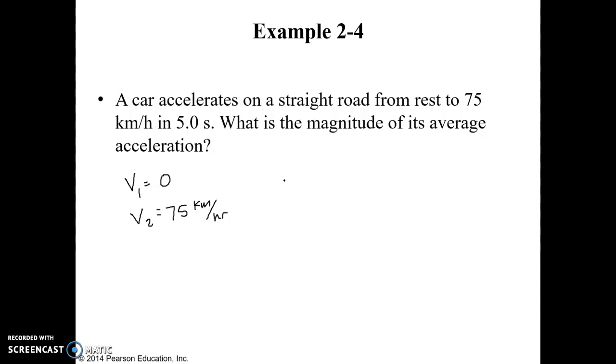Okay, so acceleration is going to be delta V over delta T, so that's going to be V2 minus V1 over delta T. Our final velocity was 75, our initial was 0, and the time was 5.0 seconds.